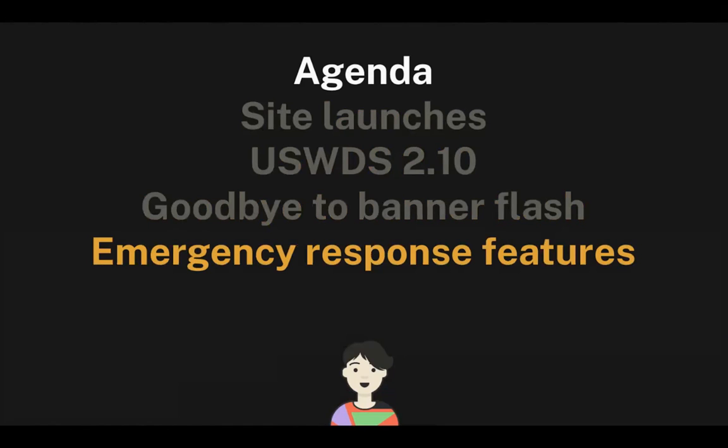And finally, and the main event really, we'll take a deep dive into the new emergency response-oriented features we're introducing in USWDS 2.10. And if we manage to stay on track, we'll have time for some Q&A at the end. So let's get cracking. First up, site launches.